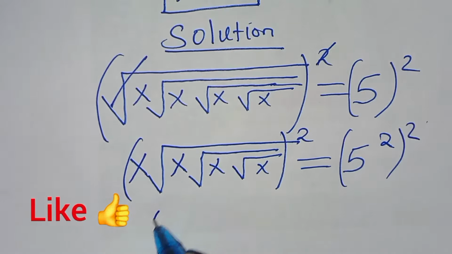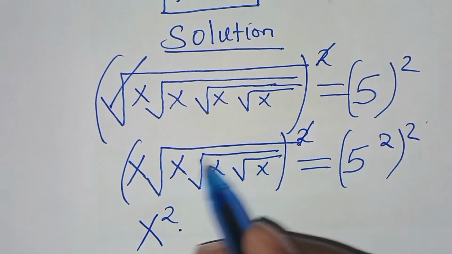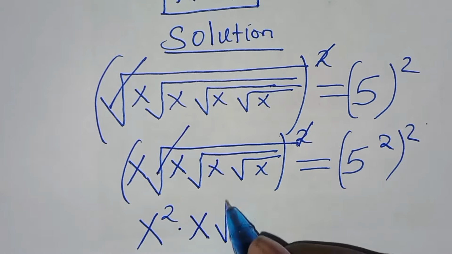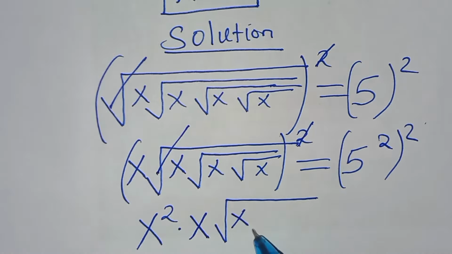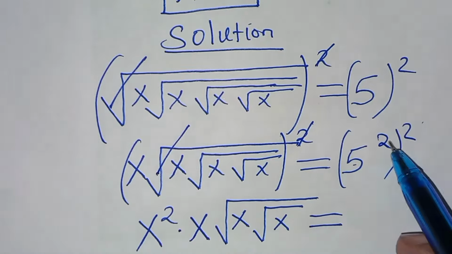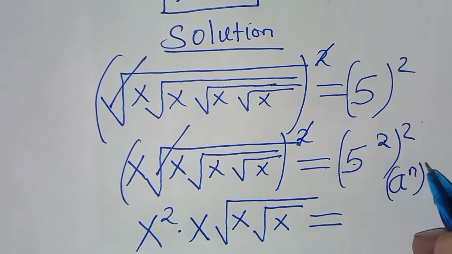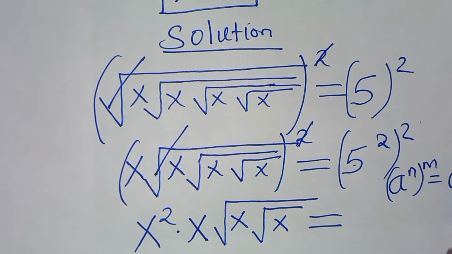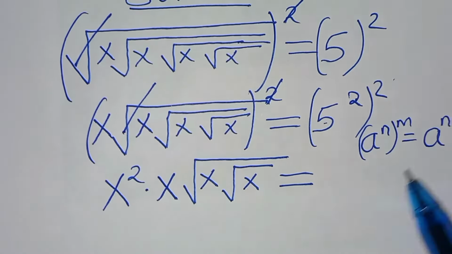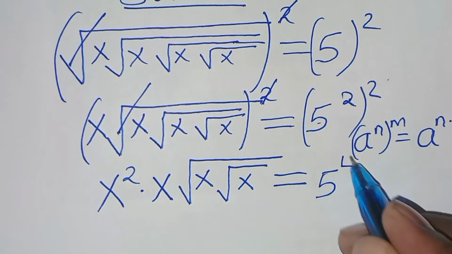So here we have x squared multiplied by x, then the square root of x multiplied by the square root of x, now eliminating the second square root sign. This is equal to 5 to power 2 raised to power 2. This is in the form of a to power n raised to power m, which we can express as a to power n times m. Applying this exponent property, we have 5 to power 2 times 2, which is 4.